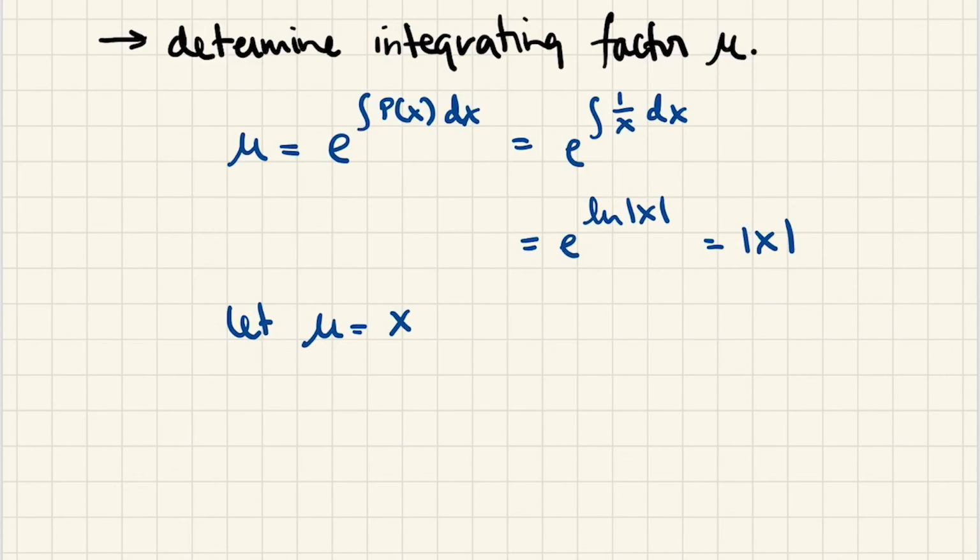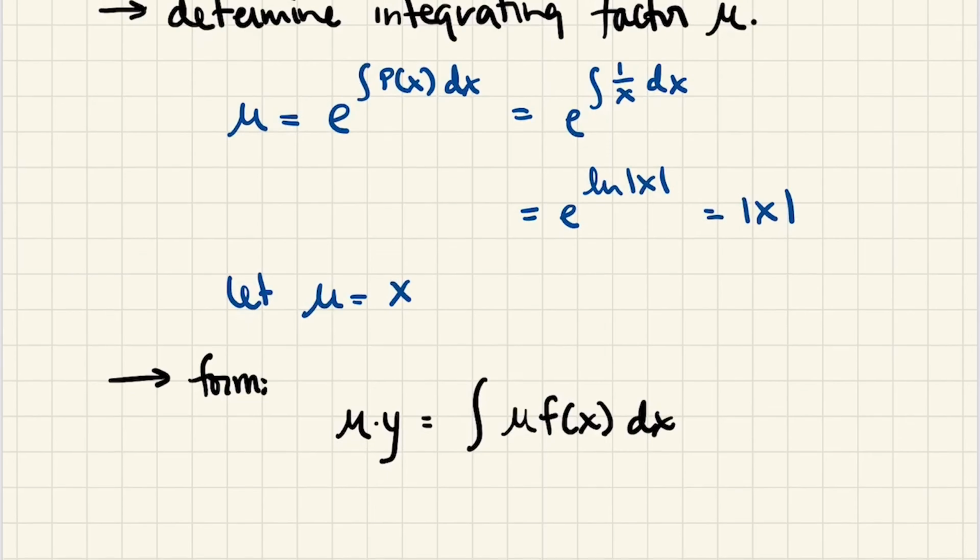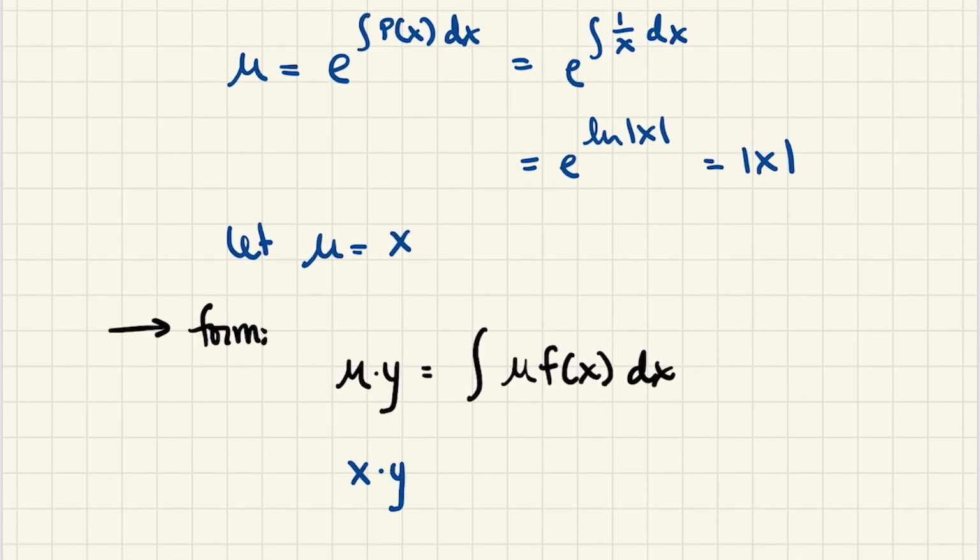And now we can skip to the form of our answer. So we get mu times y is equal to the antiderivative of mu times f of x dx. So in this case, that would be x times y is equal to the antiderivative of x times our f of x, which was 3 over x.